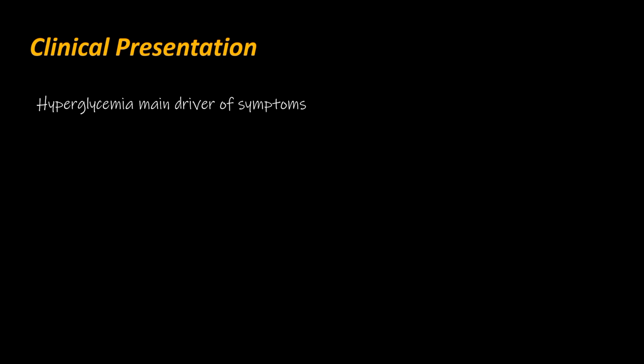Clinical presentation of diabetes mellitus is because of hyperglycemia. Hyperglycemia is the main driver of symptoms. We know that blood glucose is an osmotically active molecule. The kidney has a limited capacity to reabsorb blood glucose. If there is an excess amount of blood glucose, the excess will be excreted out in the urine.